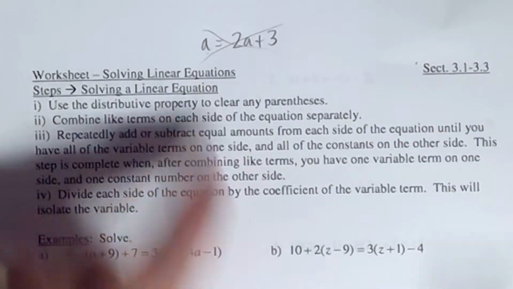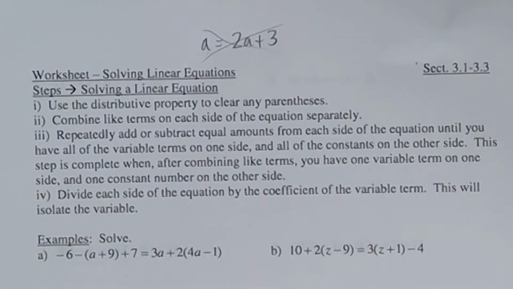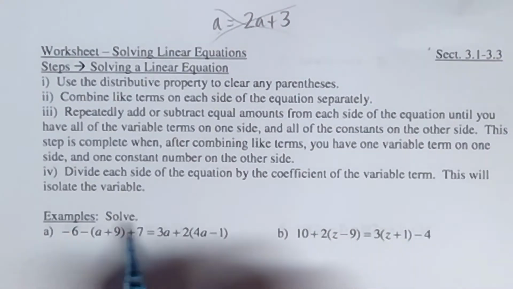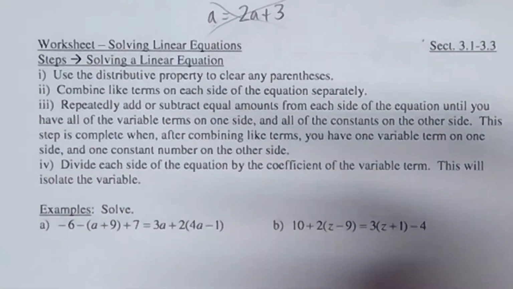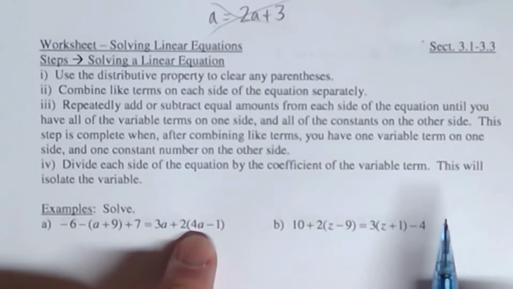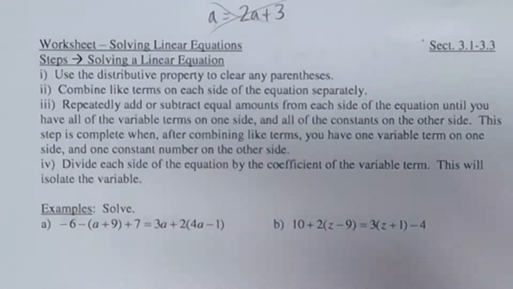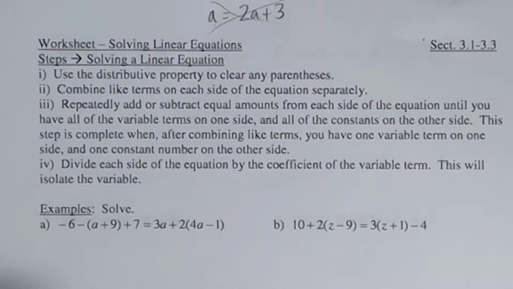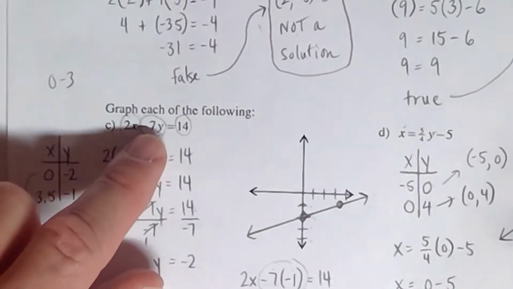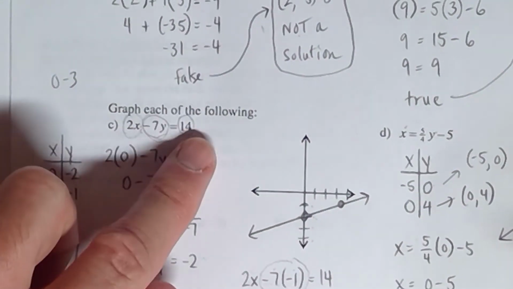Why do we call these linear equations? It's the same reason why we call the problems in chapter 4 linear equations. This is a little bit different here because we have parentheses for the first time, but a linear equation is when, after you clear out the parentheses, and I'll show you how to do that, it will be just like the ones in chapter 4 where you have a polynomial on both sides of the equation.